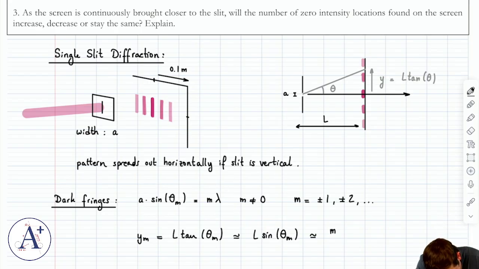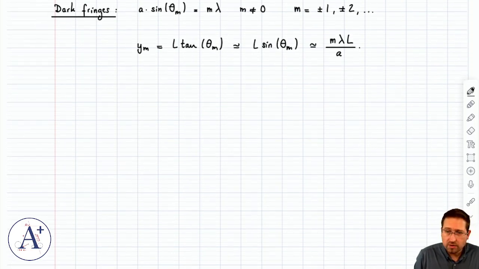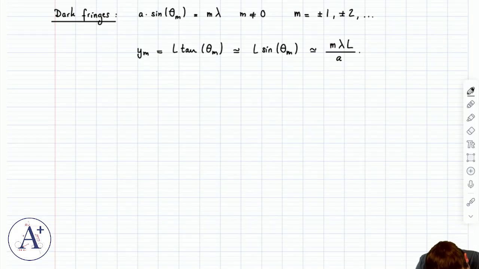So this is going to be m lambda L divided by a. And, well, here we go. Let's start with orange light, and then we'll deal with blue light.